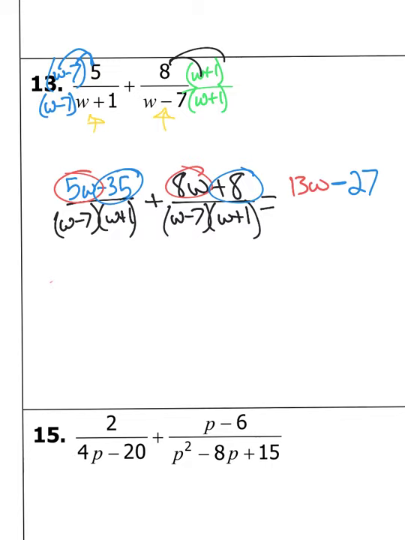And then on the bottom, I get w minus 7, w plus 1. I'm just going to look, and nope, there's nothing I can do. So I think that's all I can do.